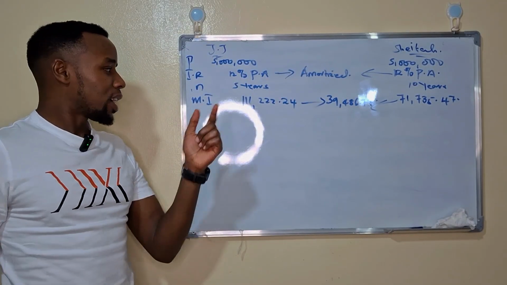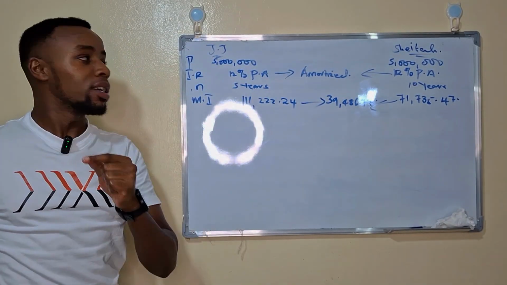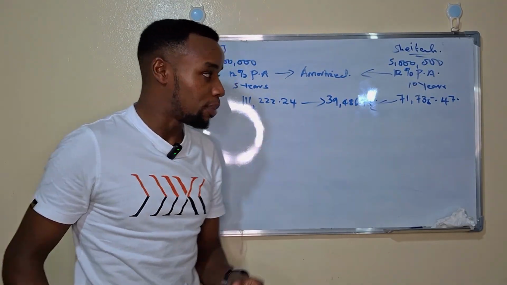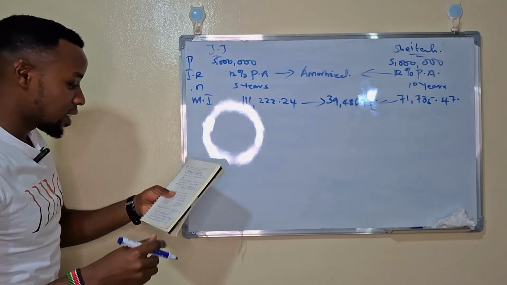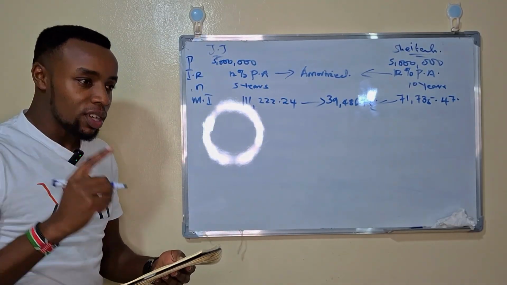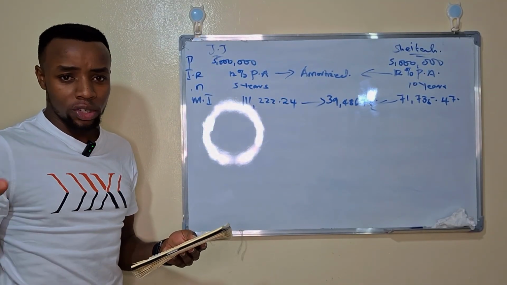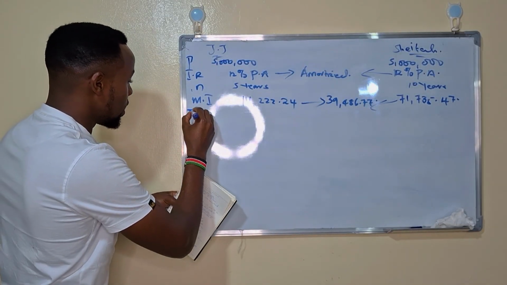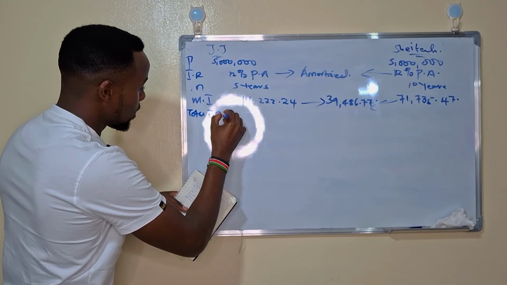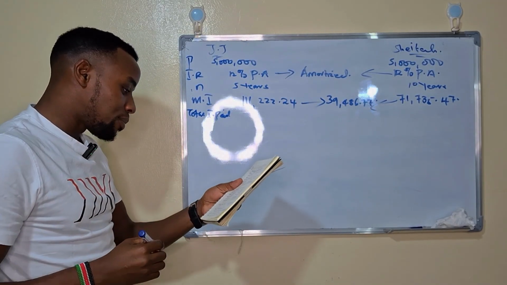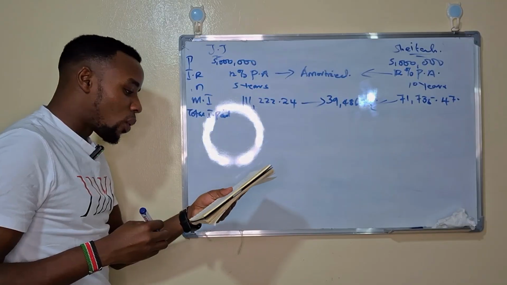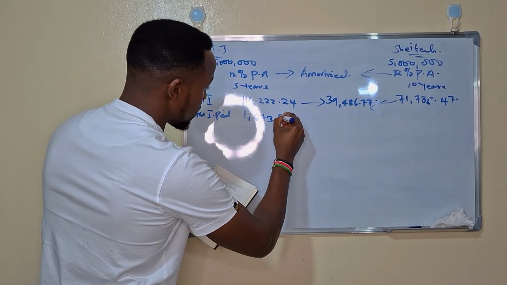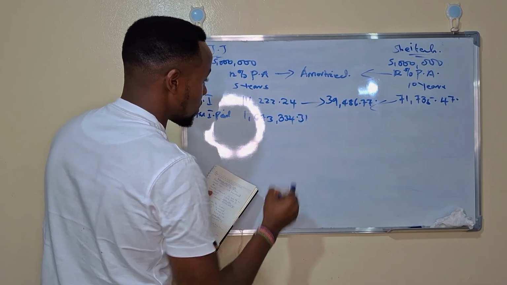Now, they have paid the loan, they have finished. Let's see how much money JJ will have paid, and how much money Shayla will have paid. Let's first of all focus on the total interest paid. JJ will have paid a total interest of 1,673,334.31.